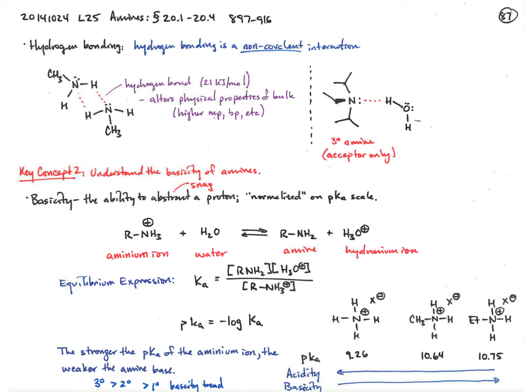If we have methylamine versus ethylamine, notice that the pKa, the acidity, is increasing towards the ammonia. Because it's increasing this way, where there's less carbon substitution, the basicity has to have the opposite trend.